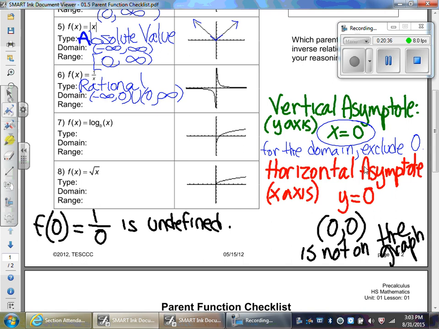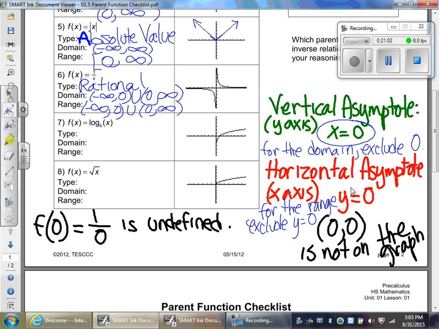So because we have the horizontal asymptote as y equals 0, that means that for the range, or to state your range, we're going to exclude y equals 0. Okay? So same thing here, from negative infinity to 0, union 0 to infinity.